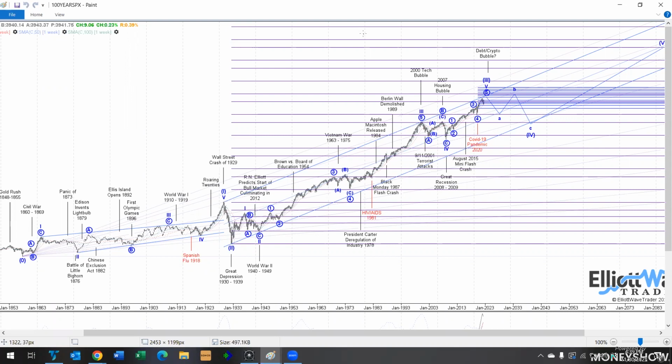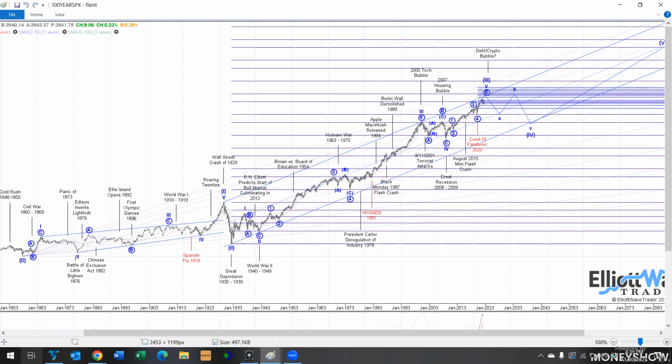But if you break it down and you track each wave carefully, you'll notice how one wave builds upon another. So I want you to focus on that wave 4 that took us from 2000 to 2009. And then now we are trying to complete this wave 5, which will complete the larger degree Roman numeral 3 in parentheses, which began after the '29 stock market crash in 1931.